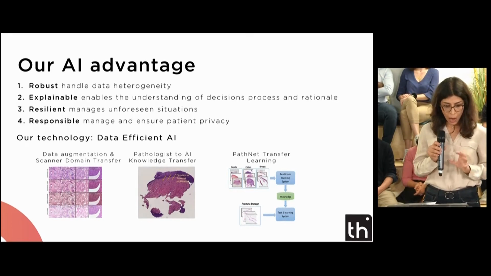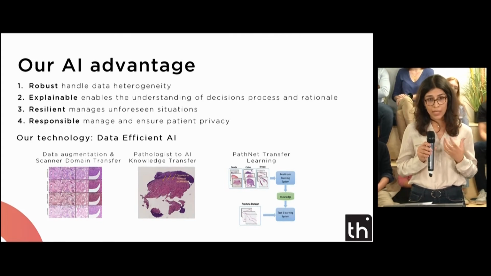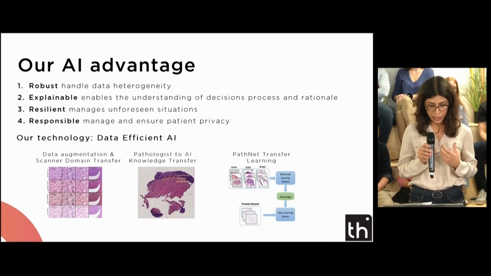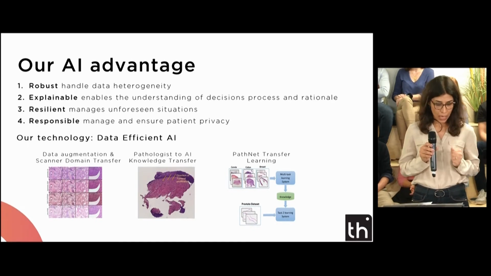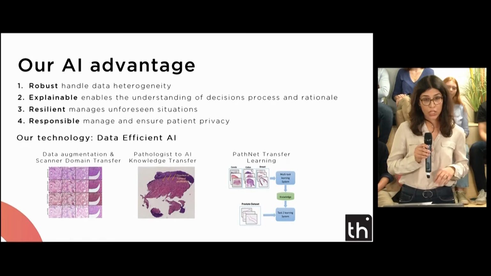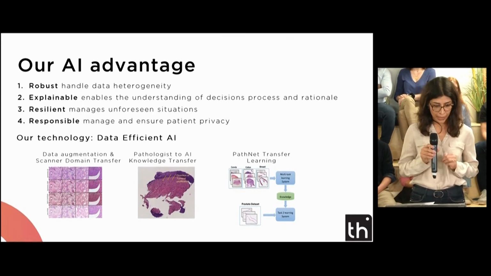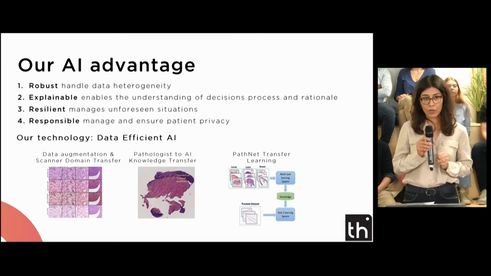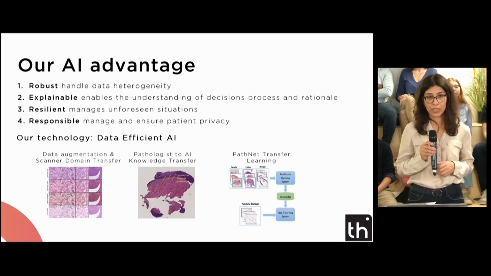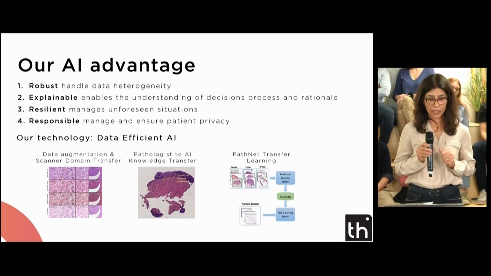Our AI is designed to enable pathologists to understand the rationale behind the AI decision, so we enable them to control the system and to improve the system. Third, we have a resilient system which is able to manage out-of-distribution cases, rare events, or improper cases. And finally, we have a responsible AI which respects patient privacy and is in compliance with ethical standards.